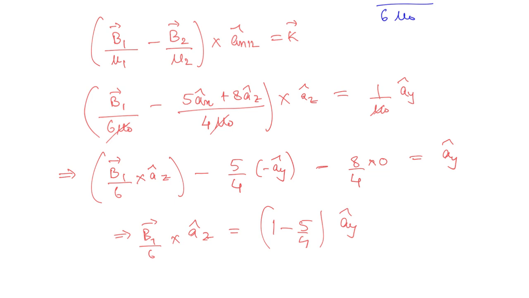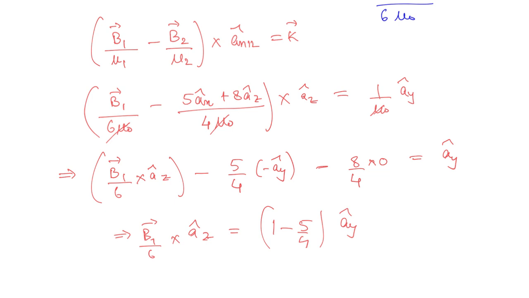So from here what do you see? Only this cross product should give you a result in the ay component only. That means the x component of B1 bar will only contribute to the cross product. The other terms, even if they are there, are going to be 0. So B1 bar can have x and z components, it cannot have a y component. Why?